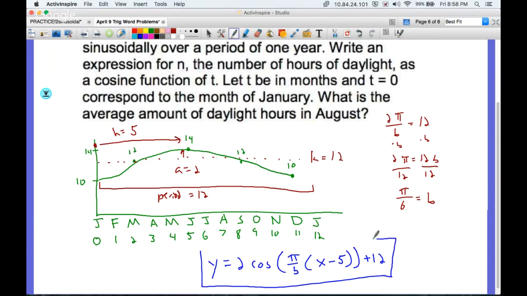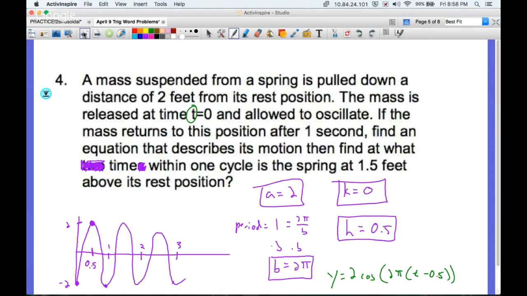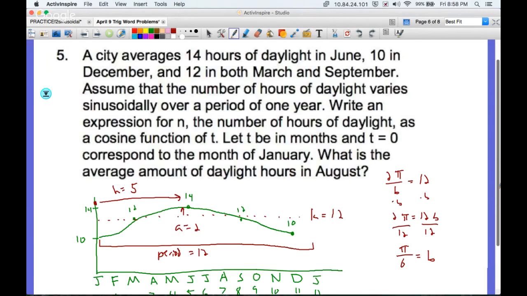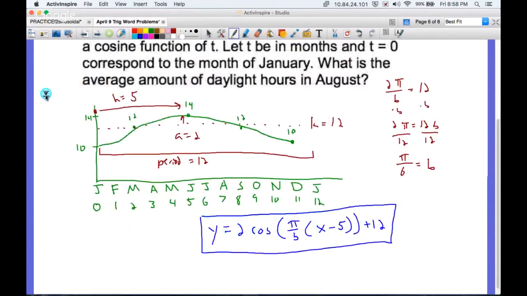All right, I see this problem also asks, what is the average amount of daylight in August? This is reminding me that I skipped the end of this problem here. I'm going to come back to it after we finish number 5. Let's see. August is month number 7.